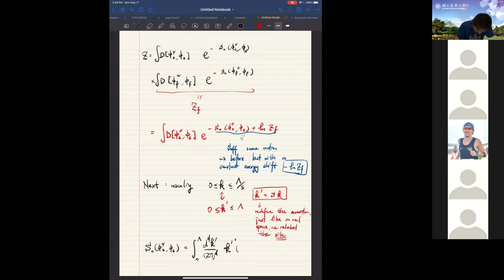And then of course you have d plus 2 when you do this change of variable. So in principle, you have a minus d plus 2 here. So this is the new term that comes from the change of variable. And then you can put the slow mode field back, labeled by k prime, and also the original label k becomes k prime over s. So this is the rewritten slow mode action, right?